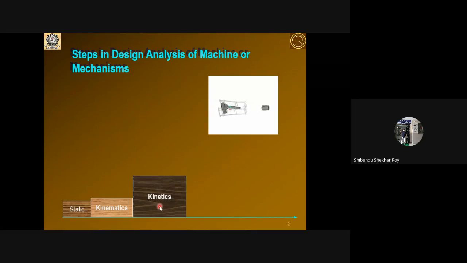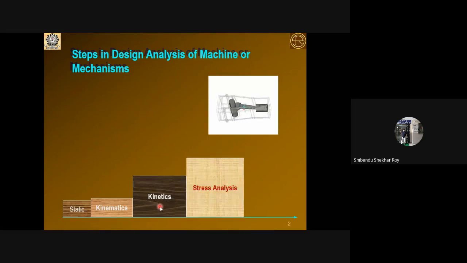Once you have solved kinetics, you know how much force and torque are required to get the desired motion characteristics. The next question will be whether that force or torque can be sustained by our design body or not. And that has to be done by internal effect analysis.